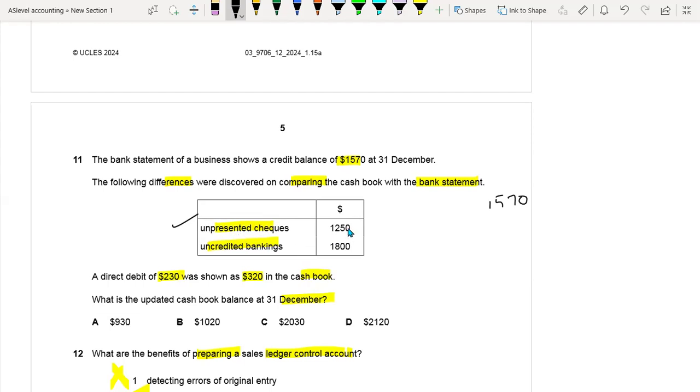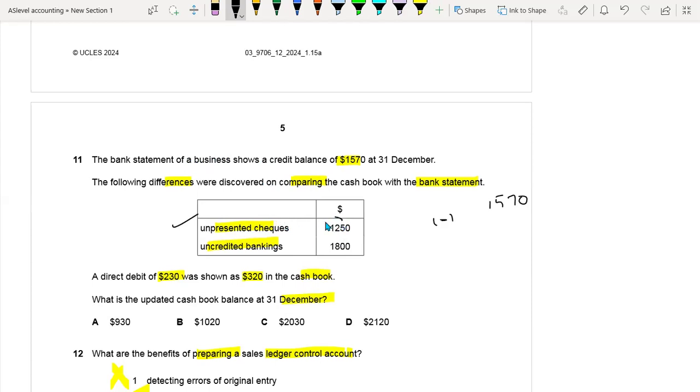So unpresented cheques are equal to 1250. We have deducted this 1250 in the cash book, but the bank hasn't deducted it yet, because your supplier hasn't presented it in the bank.